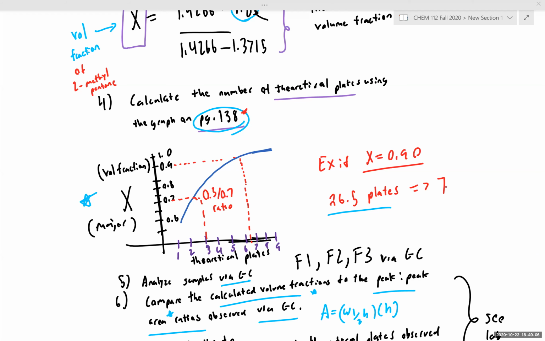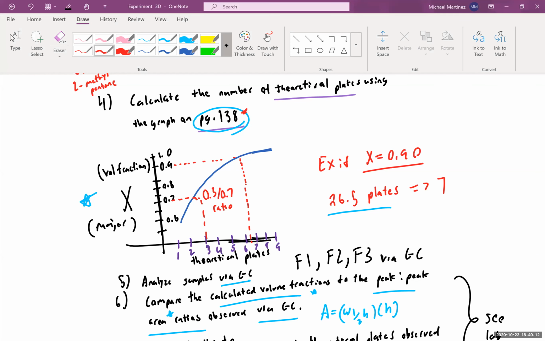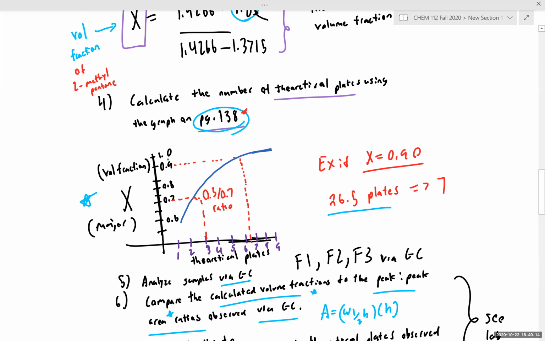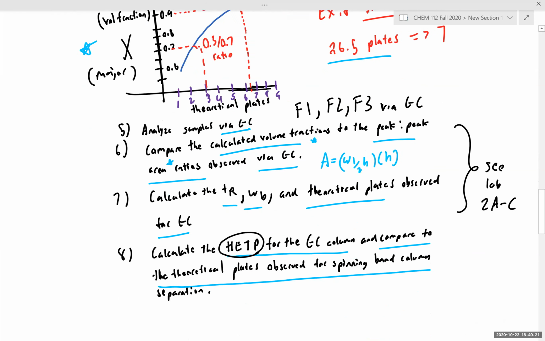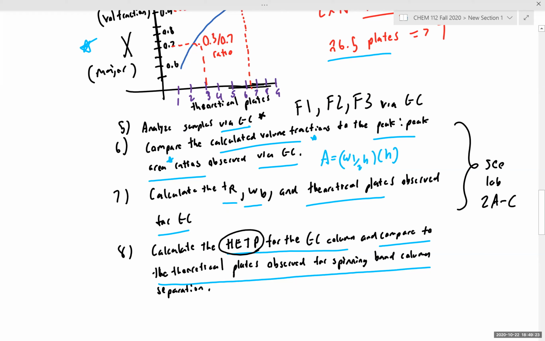Okay. So this should all look familiar for the most part from our distillation labs. What we're now going to do is apply a powerful technique that we've learned in gas chromatography. So we're going to analyze our samples via GC, fraction 1, fraction 2, and fraction 3. We are going to compare the calculated volume fractions to the peak-to-peak area ratios observed via GC.